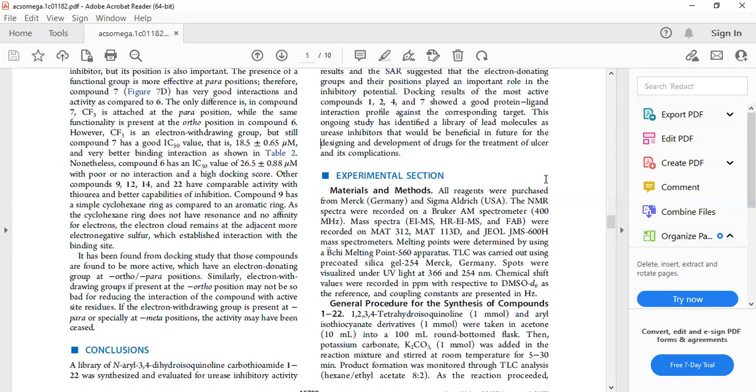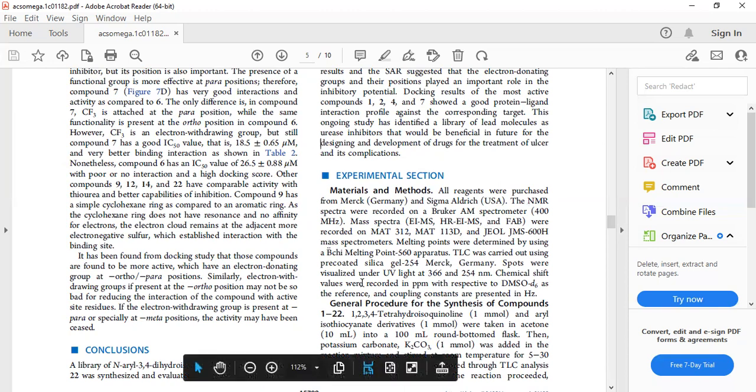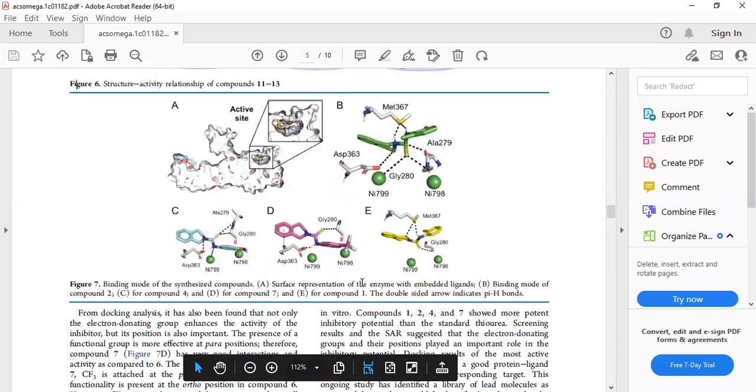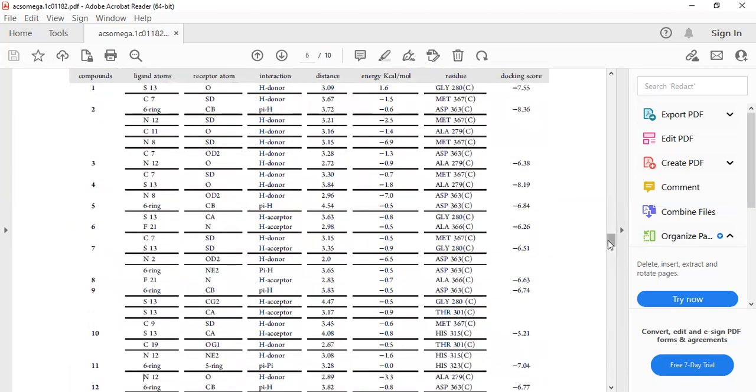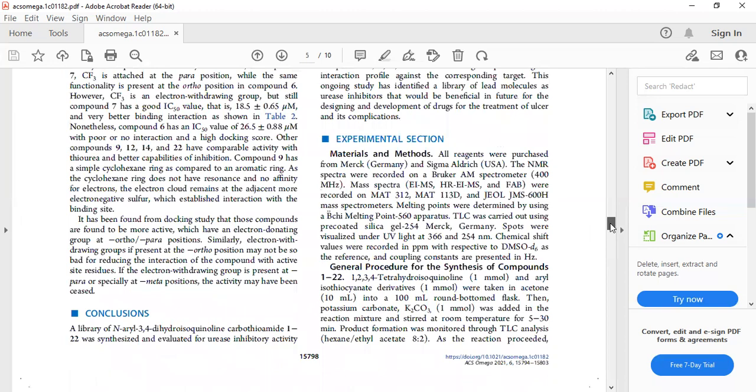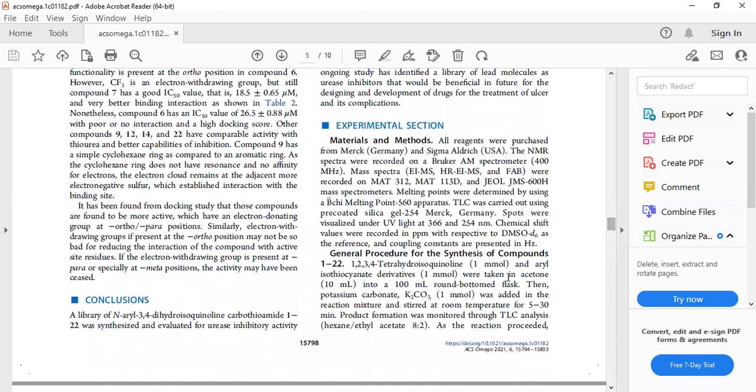So NMR, mass spectroscopy, FAB, and IR were also used. And this is a general synthesis procedure.